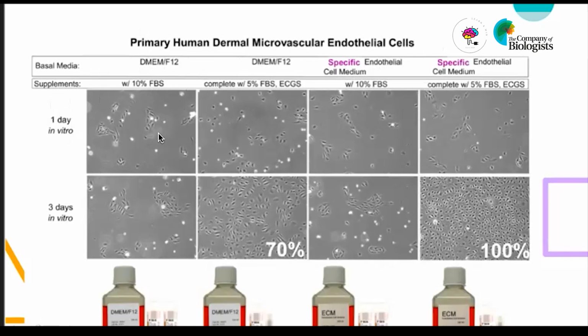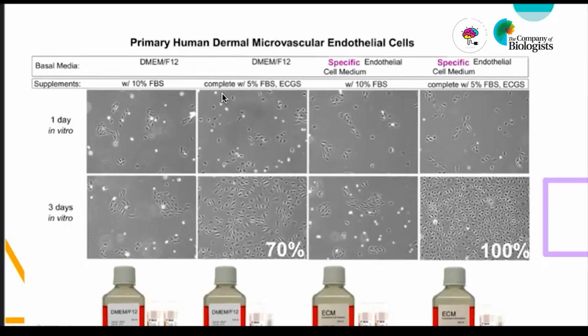With 10% FBS, there was no significant difference in growth between the media, here and here. I don't know if it's clear. Okay. There is no difference, with a minimal progression observed from day 1 to day 3.